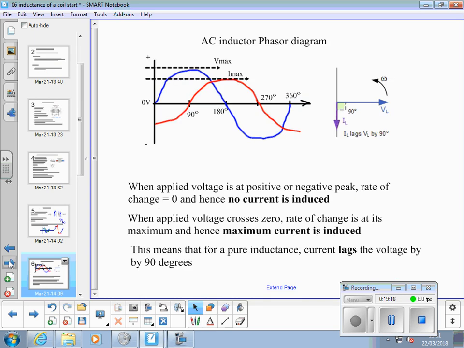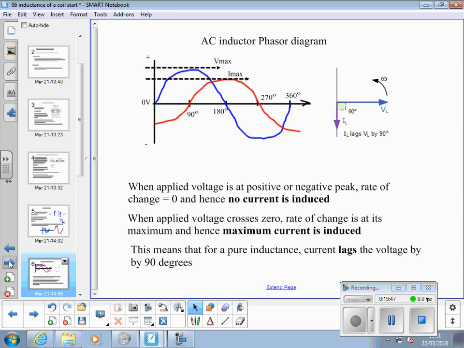So, when the applied voltage is at a positive or negative peak, the rate of change equals 0, so no current. If this blue sine wave here is the voltage, when it hits the peak, there's no current because the voltage is not changing, so the current's not changing. As we go across 0, we get a peak in current.